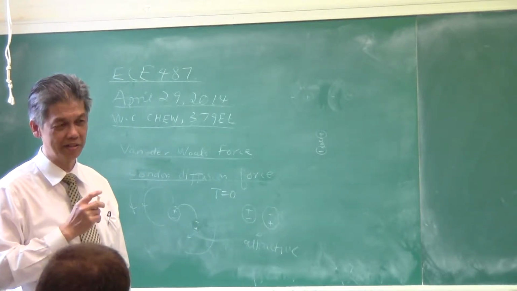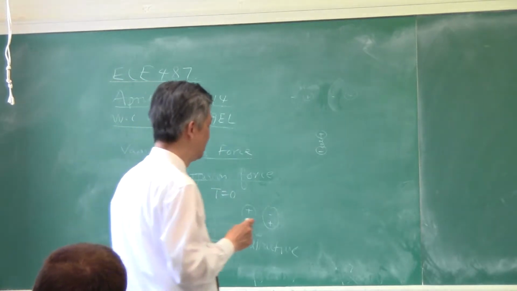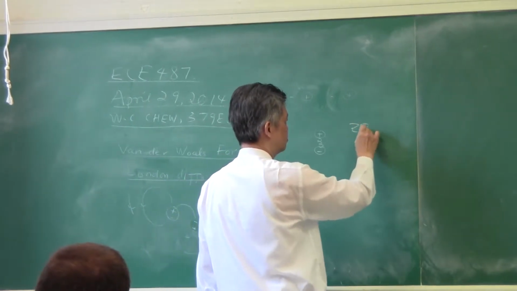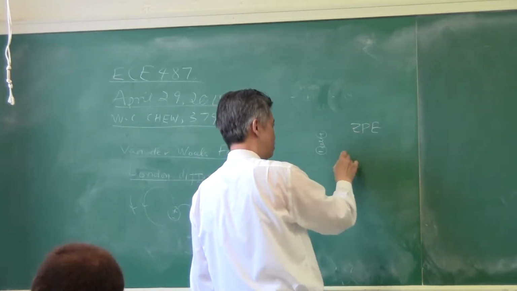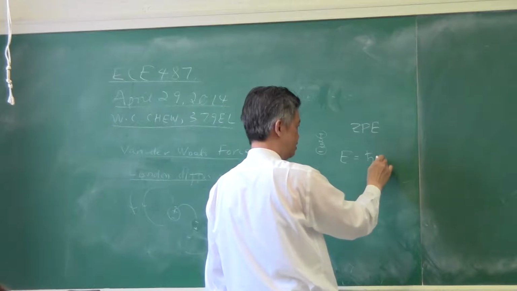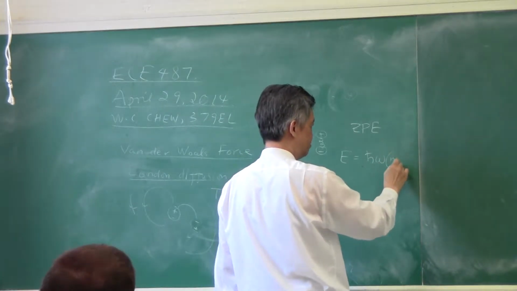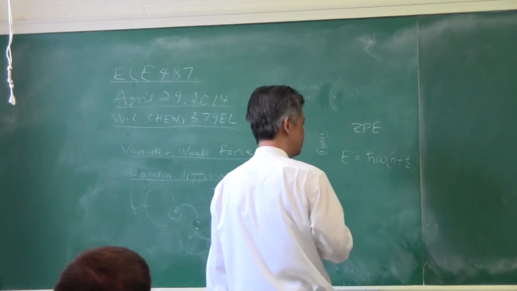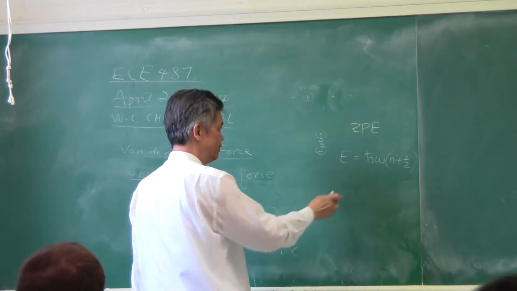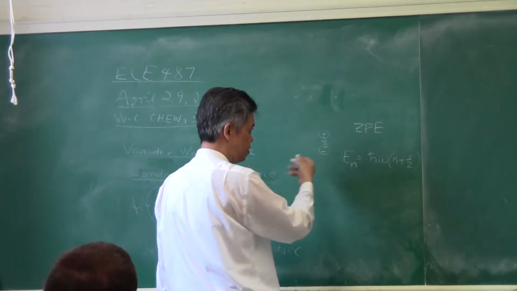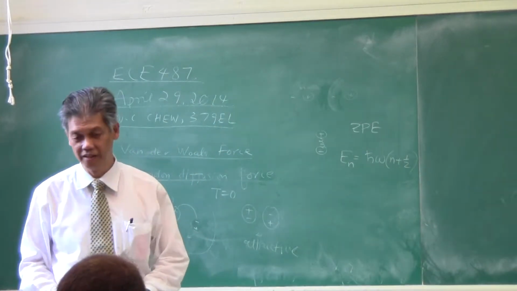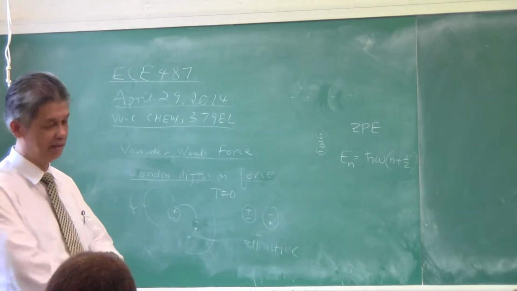The ground state is actually the zero-point energy state. If this is a simple harmonic oscillator, we know that the energy is given by something like this. So even when n is equal to 0, there is an energy in this simple harmonic oscillator.